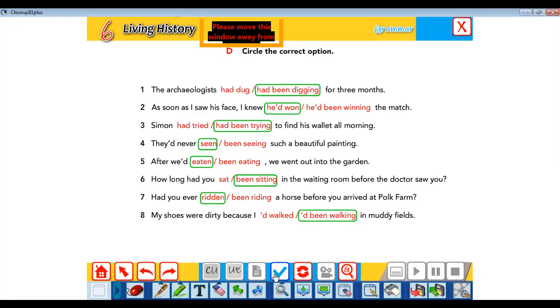If you find the duration, like this, for 3 months, this is called duration, a period of time, you will choose the past perfect continuous. Or if you find the result, like this example, my shoes were dirty. Why? Because I'd been walking in the muddy fields. So this is called result.